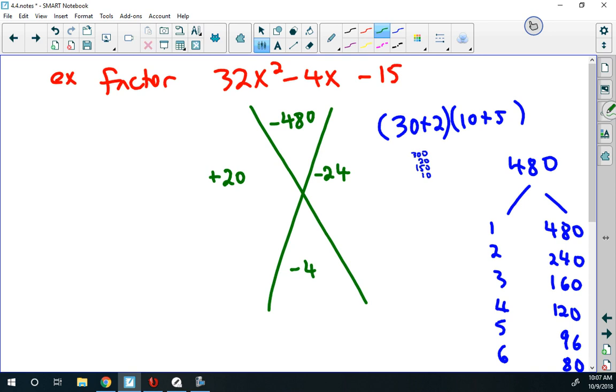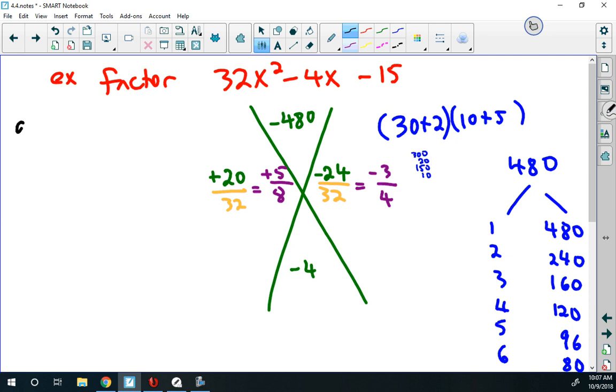And what goes in the denominator? The leading coefficient, so 32. And I should be reducing these fractions down if I can. 20 and 32 are both divisible by at most 4, right? So that's going to make this 5 over 8. And 24 and 32 are both divisible by 8, right? So that's going to make that 3 over 4.